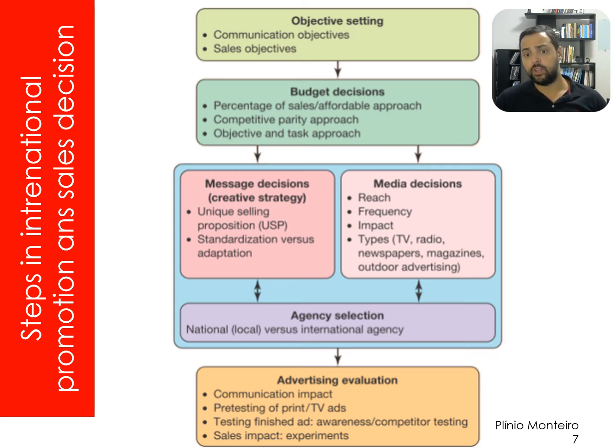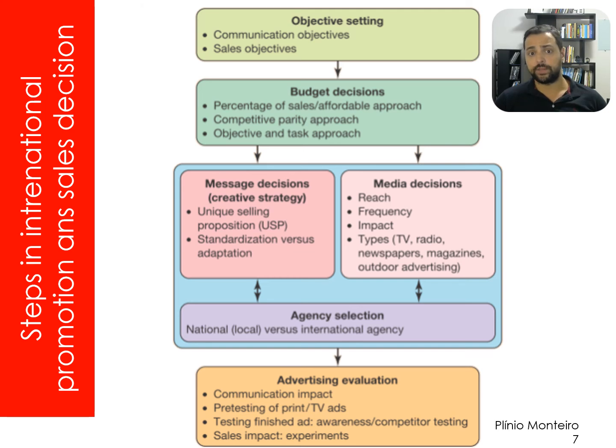At the same time, you need to have a clear understanding of the media decisions. So the media decisions usually will be guided by decisions of the reach. So how many people are you planning to reach? How many times you're going to reach this audience? Basically the frequency.